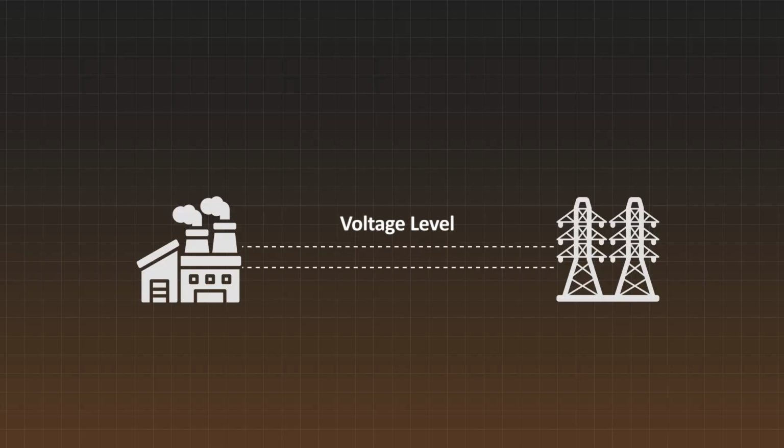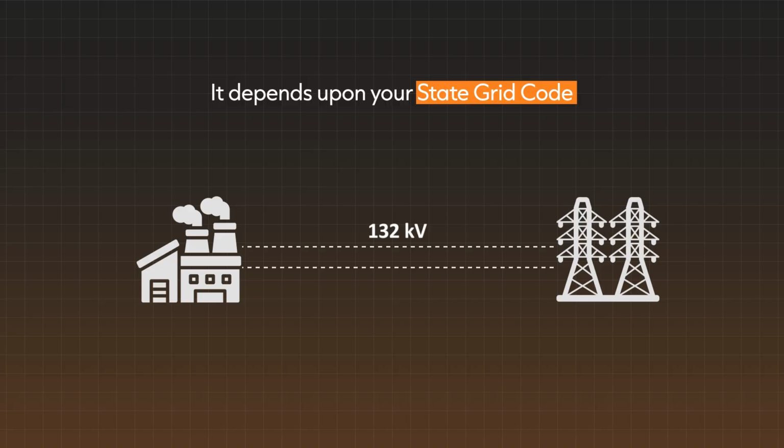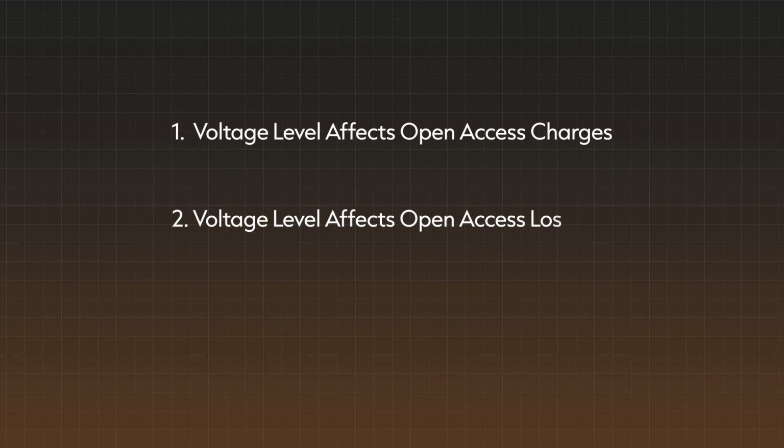Number 3 is the voltage level. You have to check in the electricity bill at what voltage level your plant is connected: 11 kV, 33 kV, 66 kV, 132 kV. It depends upon your state grid code. Why is it important? Three important metrics get impacted by the voltage level. One is that open access charges change with voltage level. Open access losses change with voltage level, and thus it impacts your savings directly.